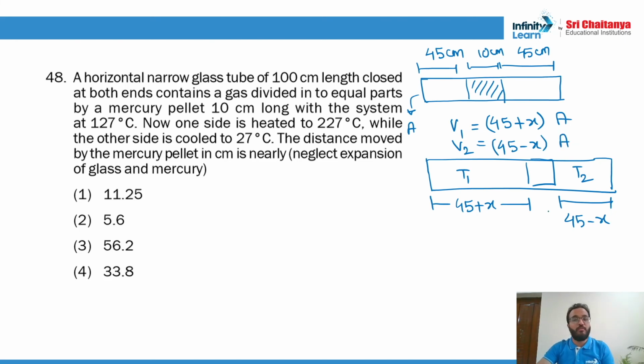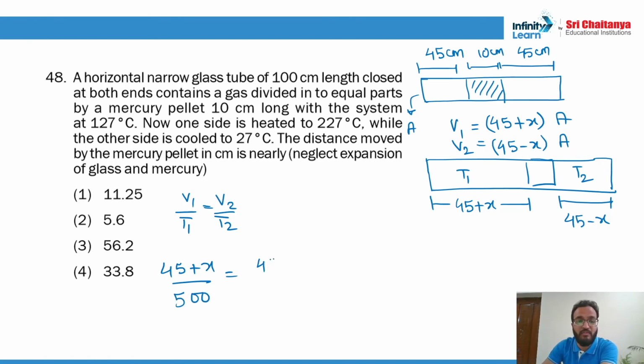See, number of moles on both the sides is same, and the pressure is also same because the mercury has stopped moving. That means the pressure on both the sides is same. So if pressure and number of moles are same, we can say V1 upon T1 is equal to V2 upon T2. So it is 45 plus X upon 500 Kelvin is equal to 45 minus X upon 300 Kelvin.